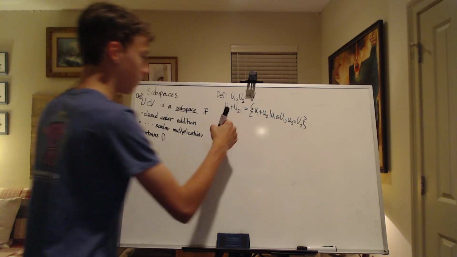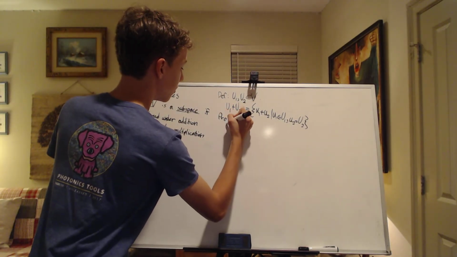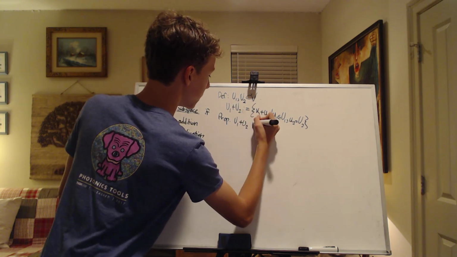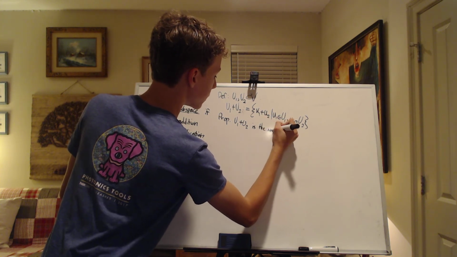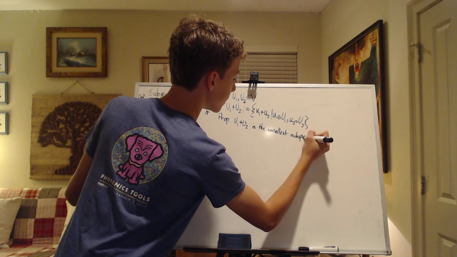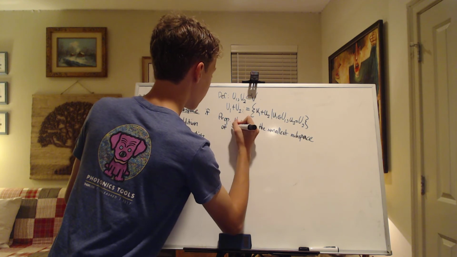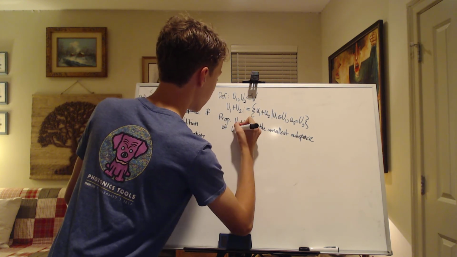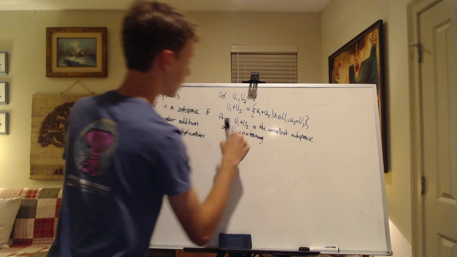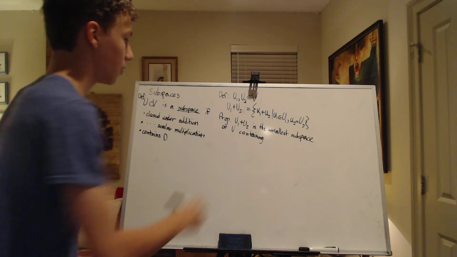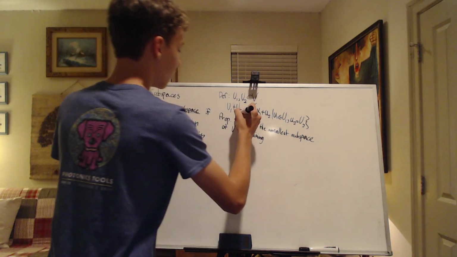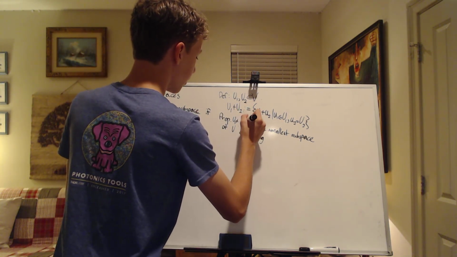So we want to prove the following statement. Proposition: U1 plus U2 is the smallest subspace of V containing, well, this would be containing both of the subspaces, but to be more general, we write U1 all the way through UN.